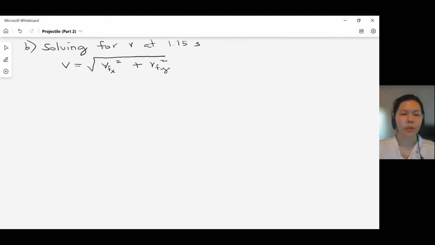Again, we need to find Vf sub x and Vf sub y in order to solve for V.